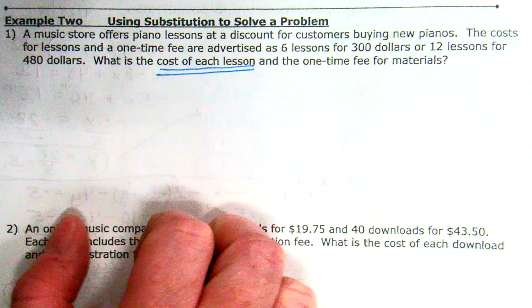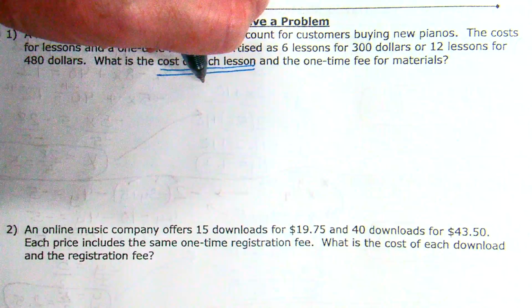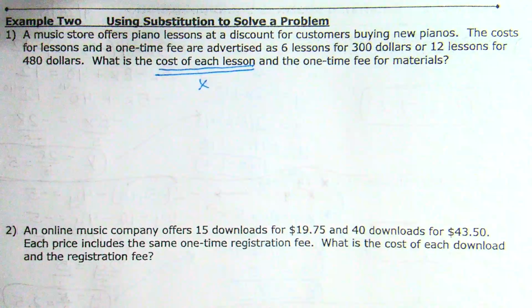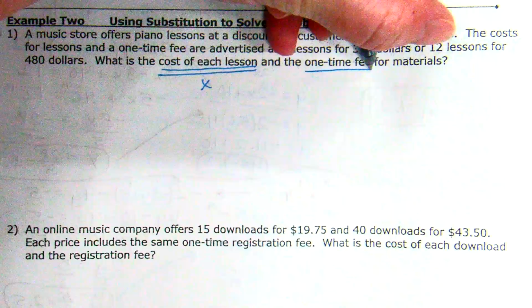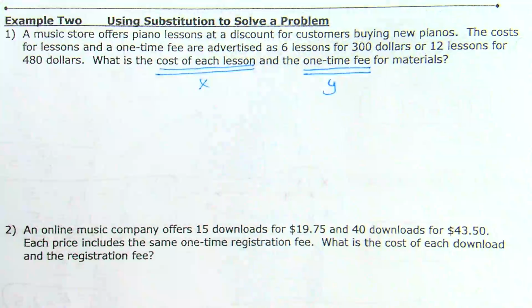What is the cost of each lesson? So that's going to be one of my variables, and I'm going to call that X. You can call it whatever you want. What's the other thing I need to know? The one-time fee for materials, and I'm going to call that Y. So that's my way of looking at the question. What are my unknowns? What do I need a variable for?